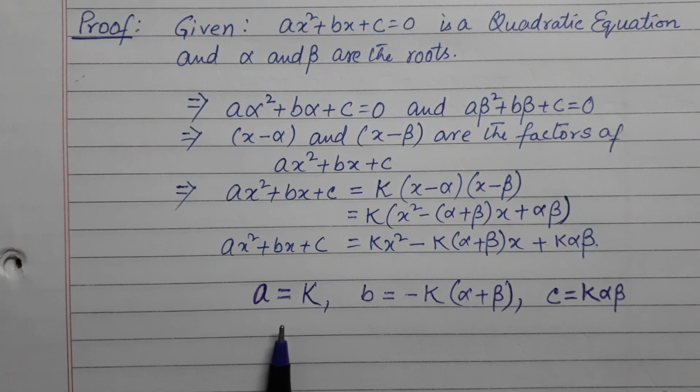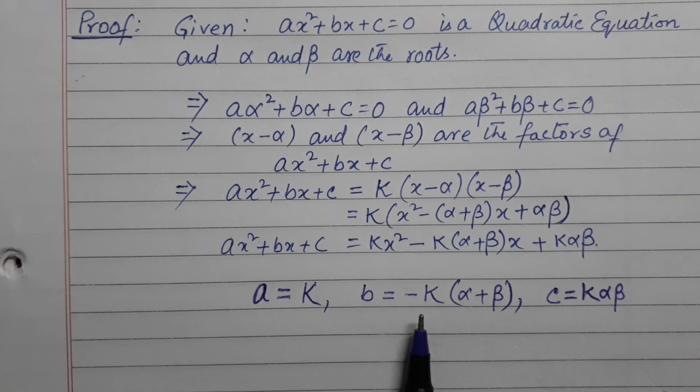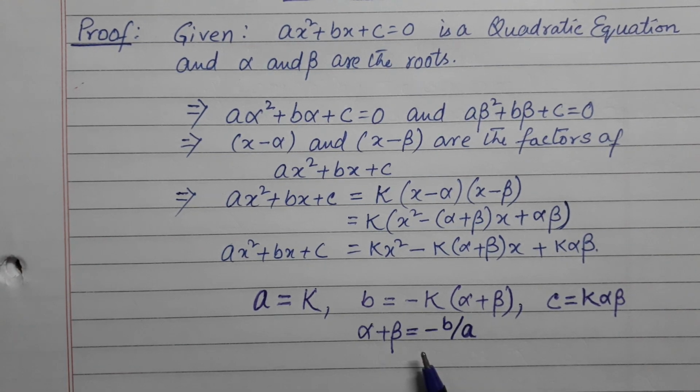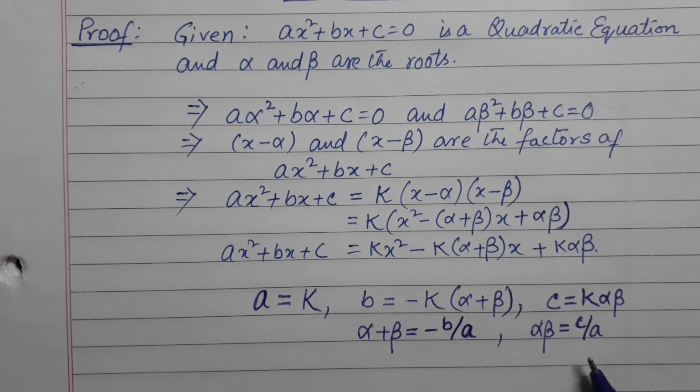Now if I apply the value of k in this relation, then we can write alpha plus beta equals to minus b by a, and if I apply the value of k in this equation, then we can write alpha beta equals to c by a.